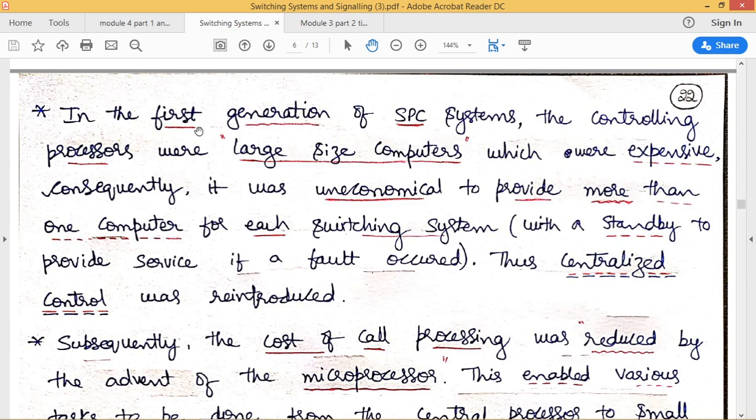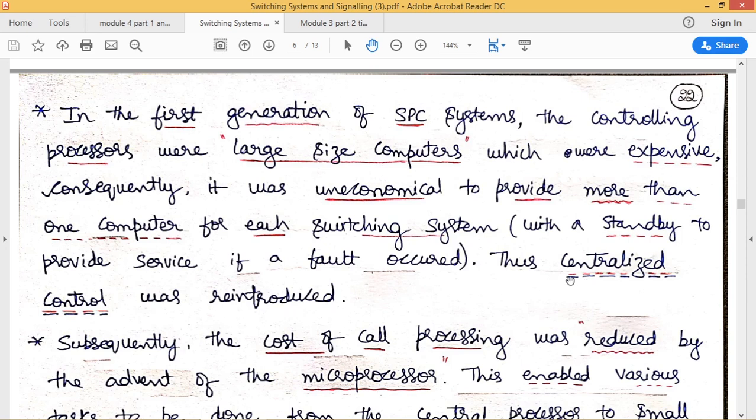Generally in the early days, in the first generation SPC, we used to use a single large size computer, which is of course expensive also. Since it is expensive, we are not able to make use of another standby computer, and this resulted in centralized control being reintroduced.